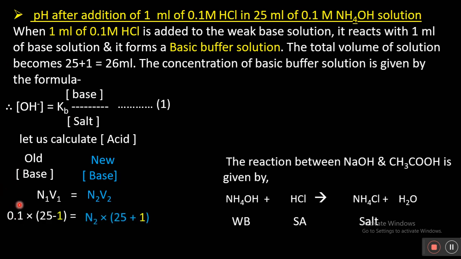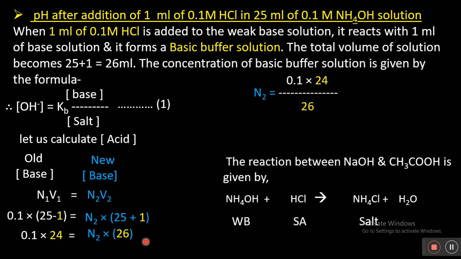The old concentration is 0.1 with remaining volume 25 minus 1. The new concentration we are going to calculate, where the resultant volume will be 25 plus 1. So 0.1 into 24 equals N2 into 26.